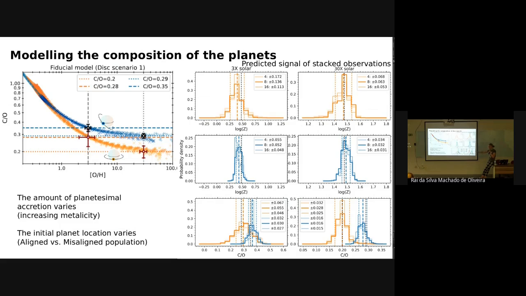If we set all of this fixed, we can have a nice fiducial model in which we only change how much planetesimal accretion happens onto the planets, and we get these nice relations out.